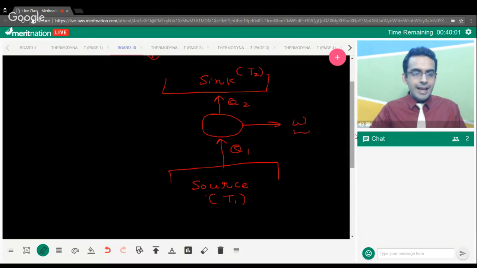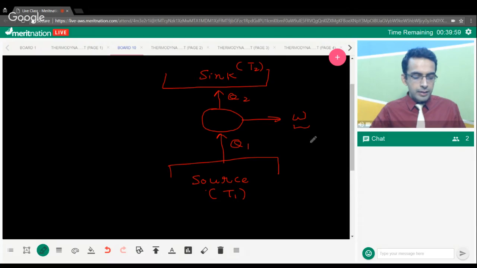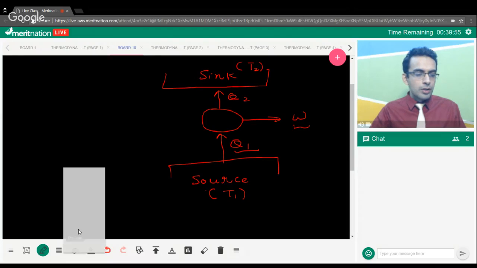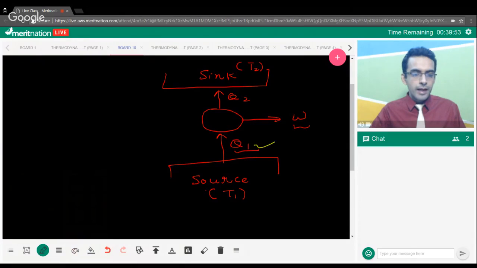So the efficiency is calculated. Now students, you can understand from here that Q1 is the energy coming from the source, right? And Q2 is the energy going to the sink. So you can say that Q1 is equal to Q2 plus W, right?